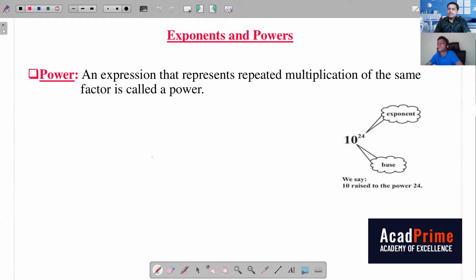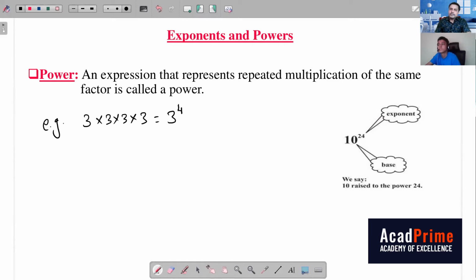First of all, we will discuss what we mean by power. Power is an expression that represents repeated multiplication of the same factor. Suppose I write 3 cross 3 cross 3, and so on, repeated 4 times. In the short form, we can represent it as 3 raised to the power 4.